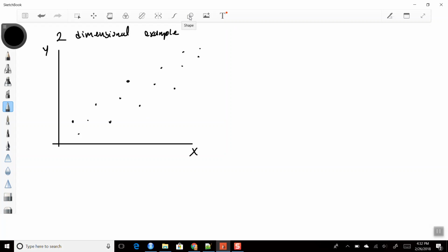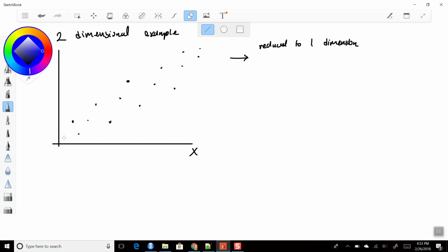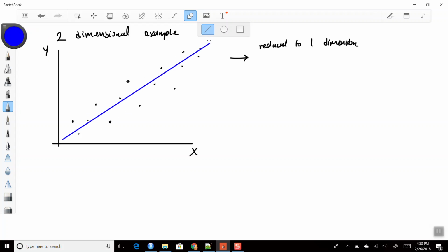And so this is our data, okay? And can we reduce this to one dimension? If we had two-dimensional data and we reduced it to one dimension, basically what we would do is run a line through here, and then see where these things line up against it.